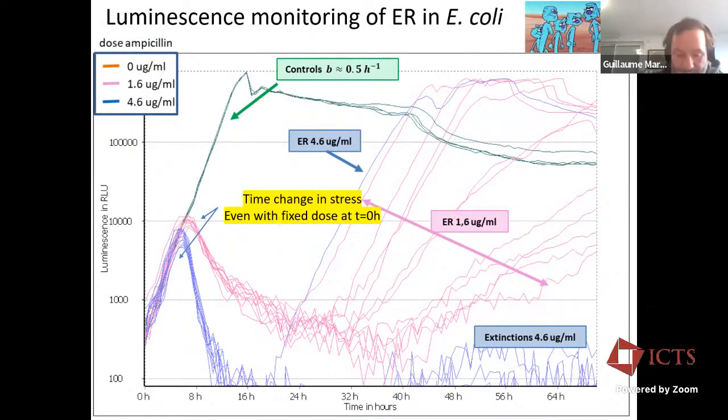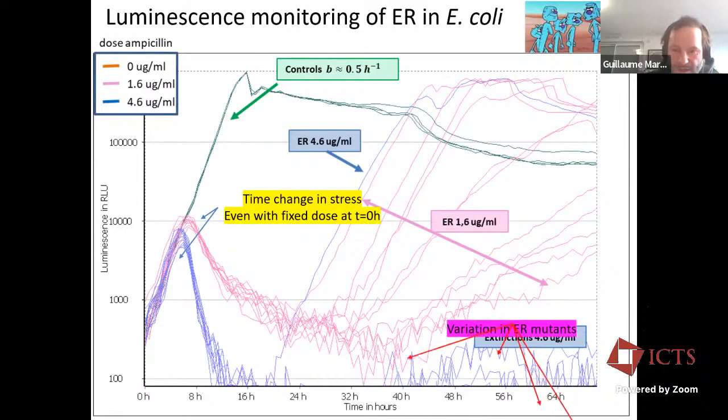There's a time delay between the time it starts to act and kill and the time you've put it in. So in fact, what these cells are undergoing is a continuously changing environment, more or less, or maybe discretely in 2 steps. There are models that we're doing with this for this phase, just demographic mechanistic models. But it's important to see that even in simple lab conditions, it's actually difficult to impose an abrupt shift. So it's an argument for continuous time changes in stress levels.